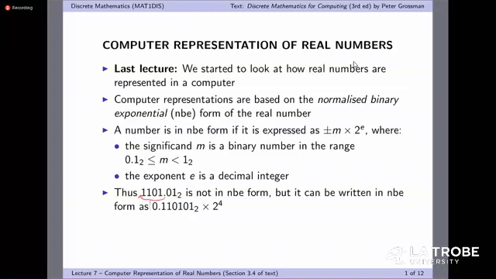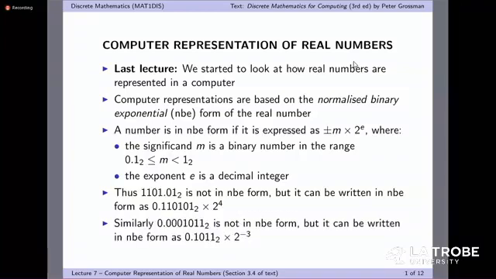So step 1 is that in the binary representation, we always write the number in normalized binary exponential form. And similarly, this number is not in normalized binary exponential form. Can you tell me why? Absolutely, the significand is less than 0.1.